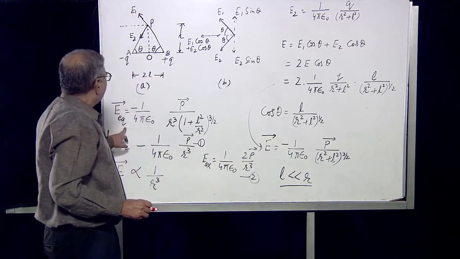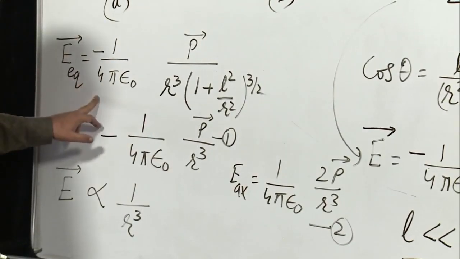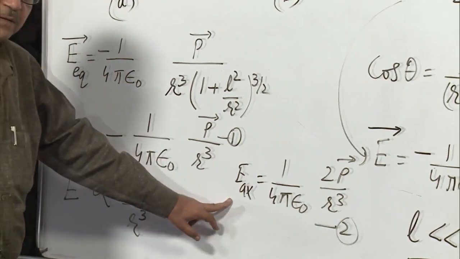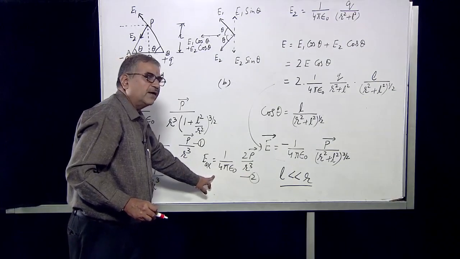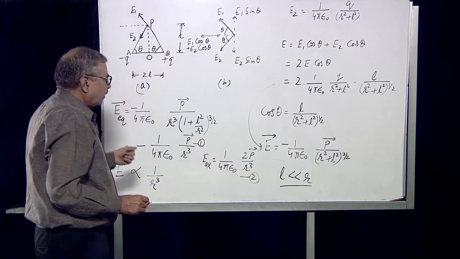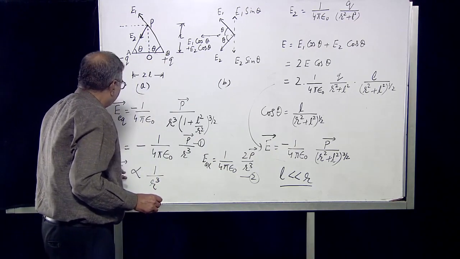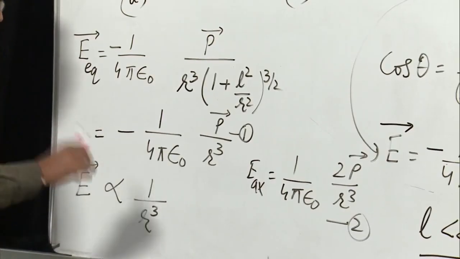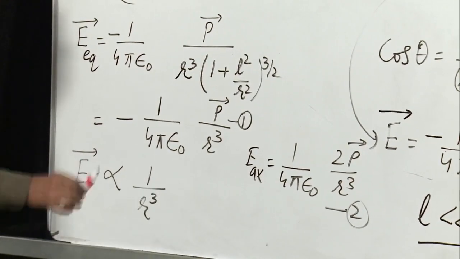and the field on the equatorial line is in opposite direction to the dipole moment, whereas in case of axial line, the direction of the electric field and the direction of the electric dipole moment were same. However, we find one similarity also. That similarity is, you see that electric field in both the cases is proportional to 1 upon R cube.